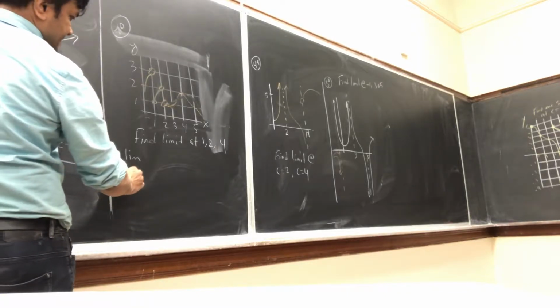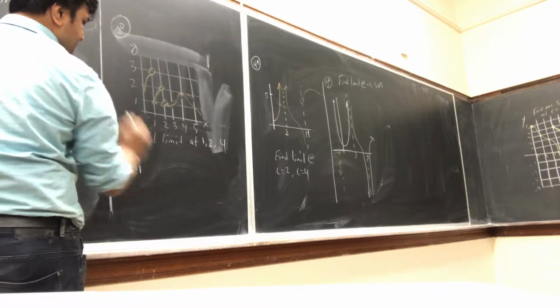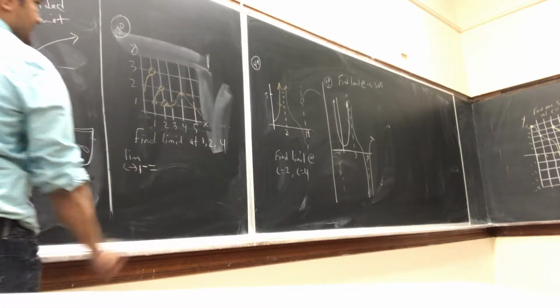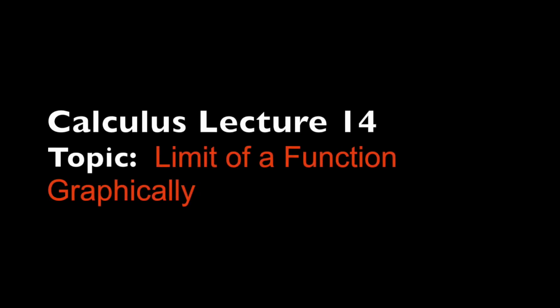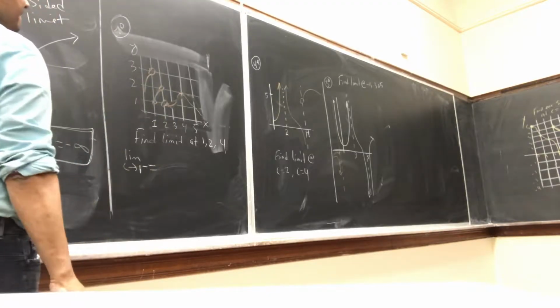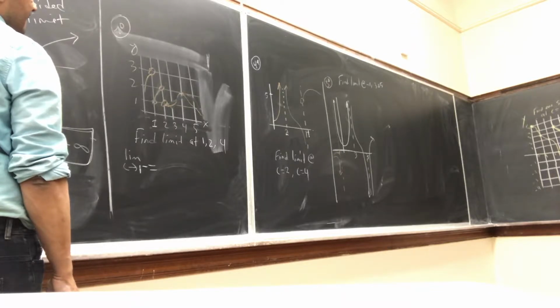As c goes to 1 from the left side, what is the limit? C goes to 1 from the left side. This is 1. So from the left side, what happened? Which function?